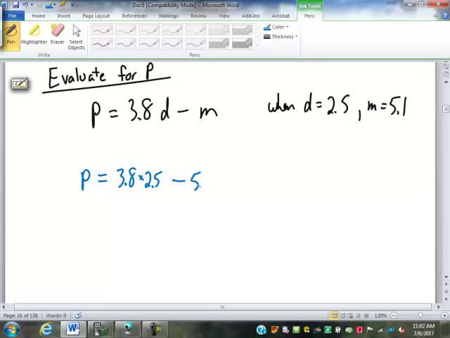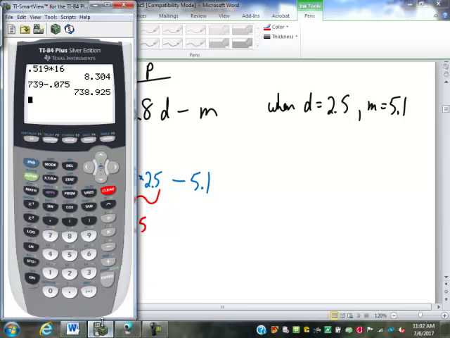Minus 5.1. So what do we have to do first here? Multiply the 3.8 times 2.5, which is 9.5. Is that correct? Yep.